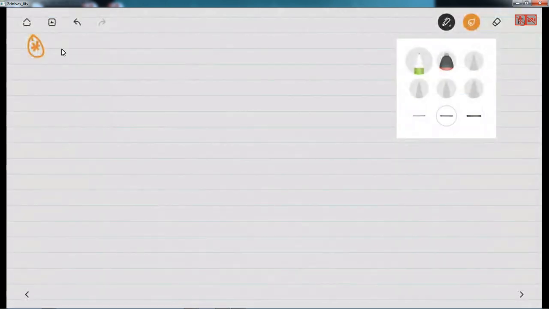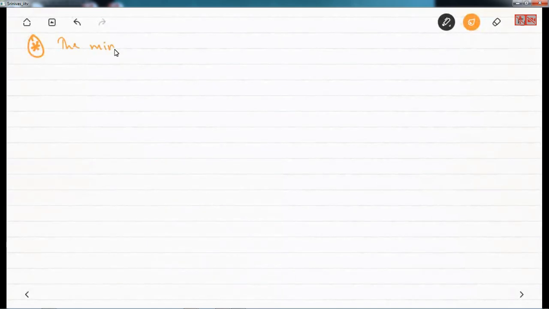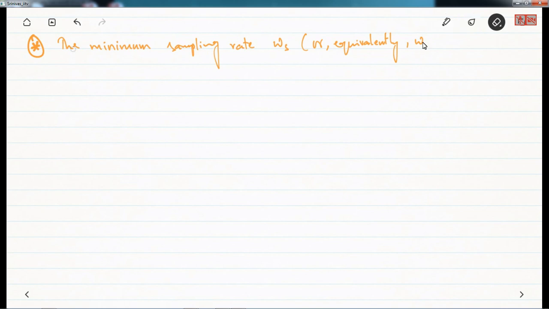The minimum sampling rate omega s, or equivalently Fs, is called the Nyquist rate.